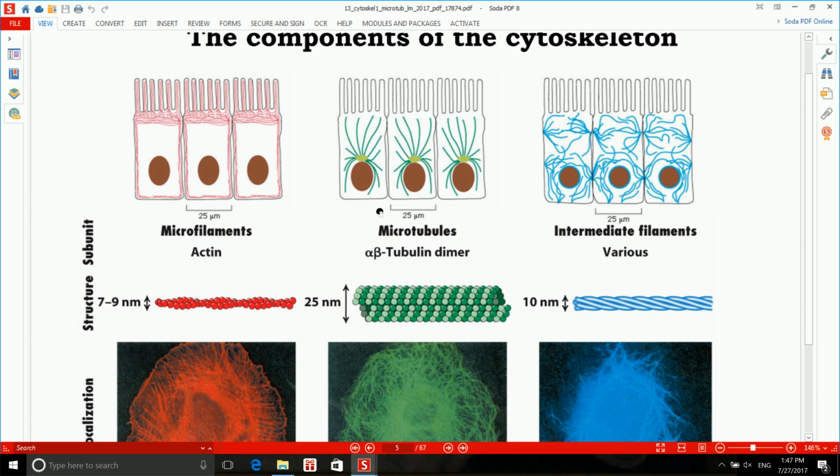And in case of microtubules, as you can see, they form a spindle kind of formation. And that is because our centrosomes, which are the organizing center of centrioles within mammalian cells, have centrioles, and in the centrioles they are microtubules.